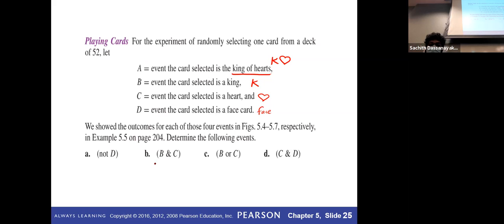Simply it is equal to event A. Clear? King of hearts.